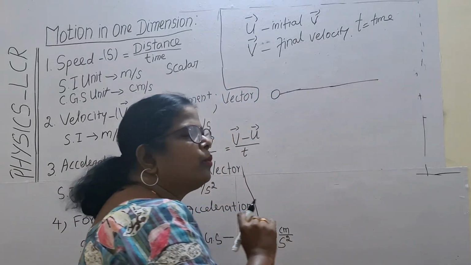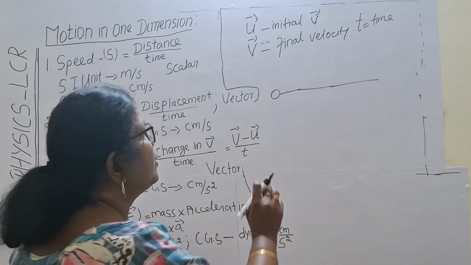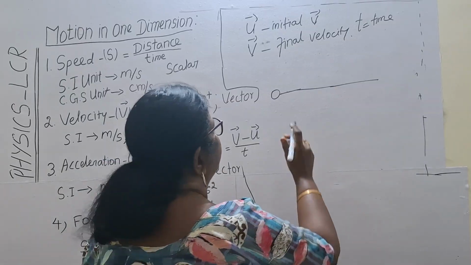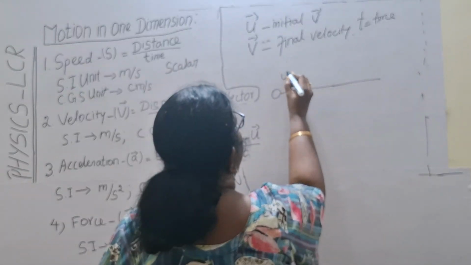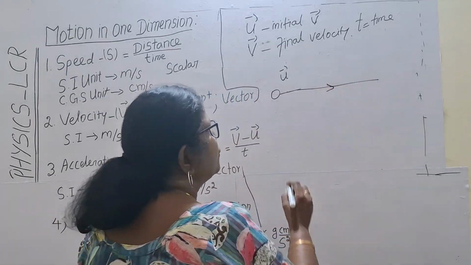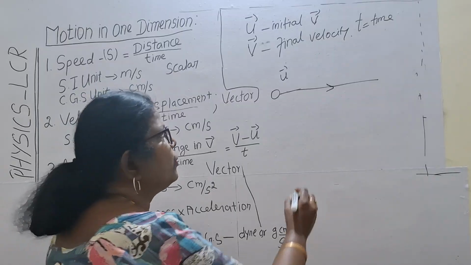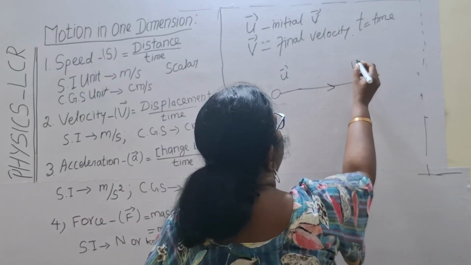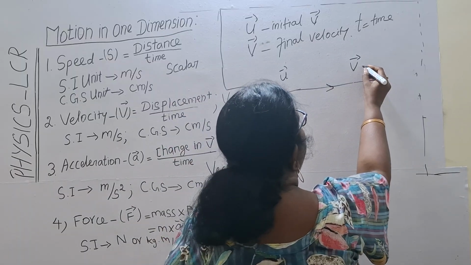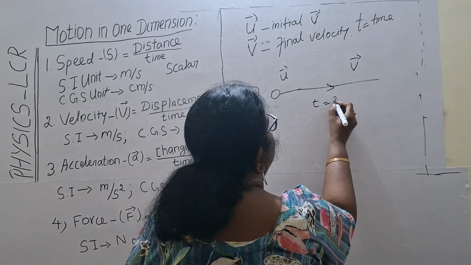That road is free, there is no rush, so you are increasing the speed. Initially you start with some speed, in a particular direction, so we say it is the initial velocity. You are increasing the speed, that is the final velocity. The time we are considering is 3 seconds.